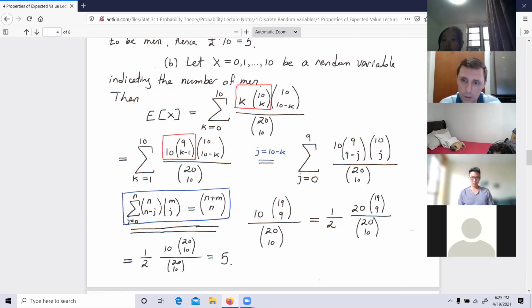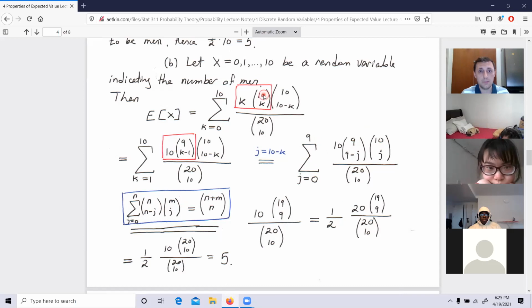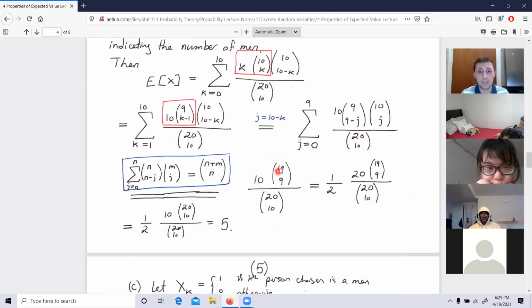It's the same thing. You understand? This full summation is the same as 19 choose 9. And then I applied that same idea I did here, but in reverse, because now I have 10 times 19 choose 9. And I realized, oh, I want to have here a 20. 20 times 19 choose 9 can be replaced by 10 times 20 choose 10.